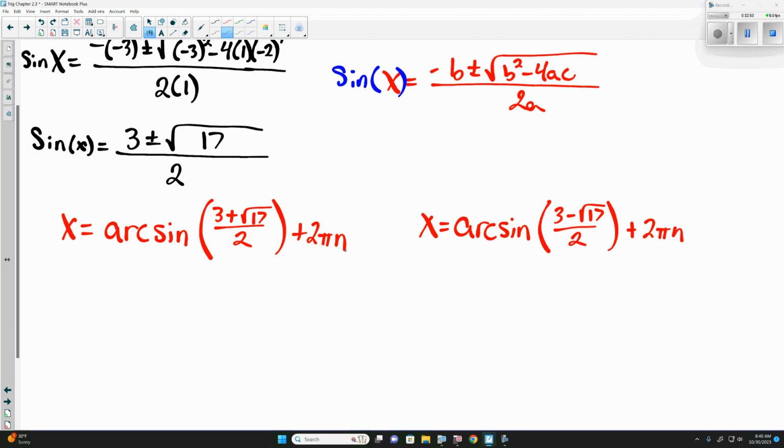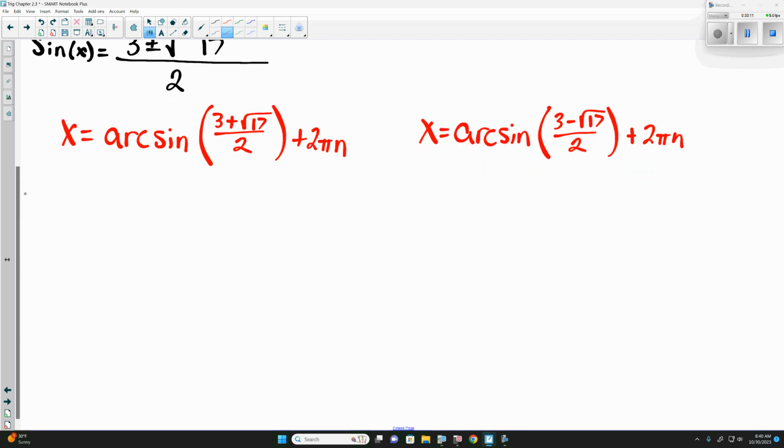But that's fine. We have to add the 2 pi in because it will only give us one angle for either one of these, and it's going to restrict it between negative pi over 2 and pi over 2. So we have to use the 2 pi in technically to find the other one.